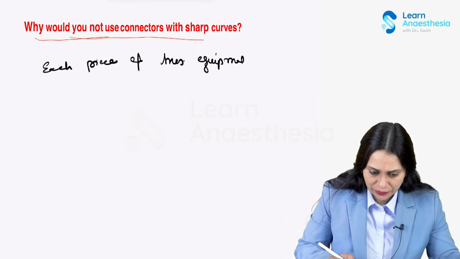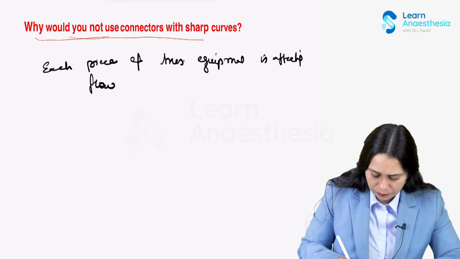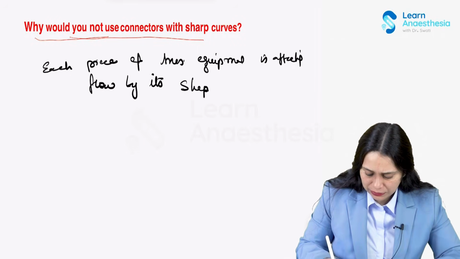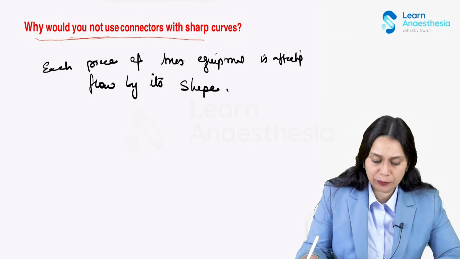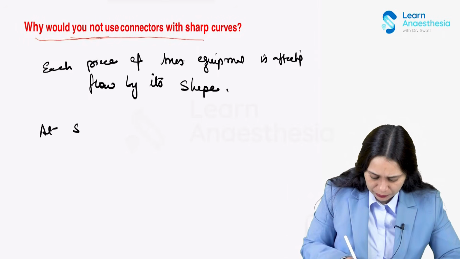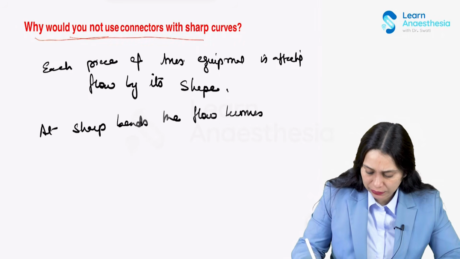Each piece is affecting flow by its shape, right, of the anesthesia equipment. At sharp bends, the flow becomes turbulent, right?